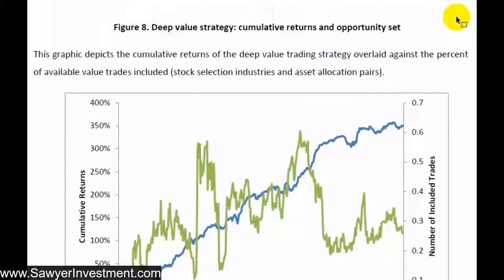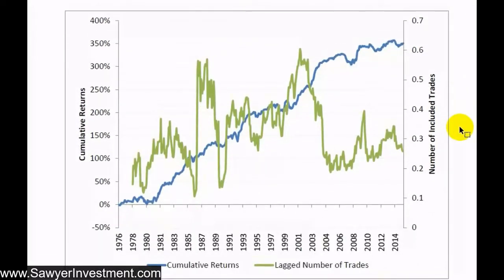So next here in Figure 8, the authors quantify the number of trades in the deep value strategy. And so this is for the stock selection industries and the asset allocation pairs. So going down to this chart, we see this green line is the number of trades for the deep value strategies that we just showed.